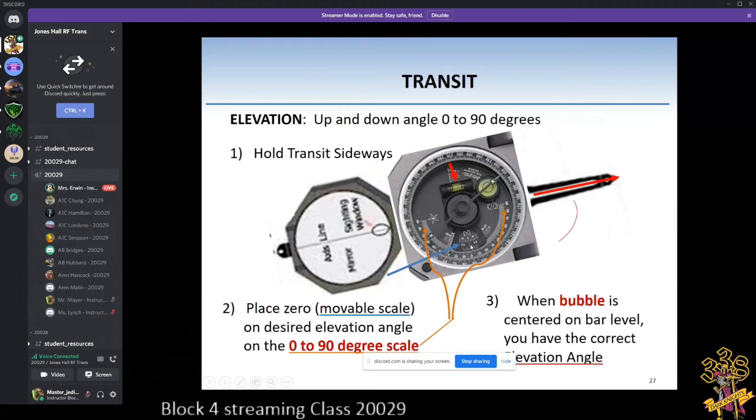Now that 0 on the movable part, you put it on the angle you want. Like if you want your antenna to point at 60 degrees, you would move this until this 0 was on the 60. Then you would simply tilt the pointing arm up until the bar level said that it was level. The bubble would be right there in the middle, and that would give you your elevation. So it's kind of difficult to explain here, but at least you see what it looks like.